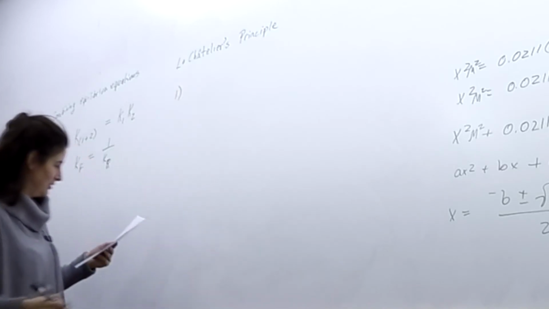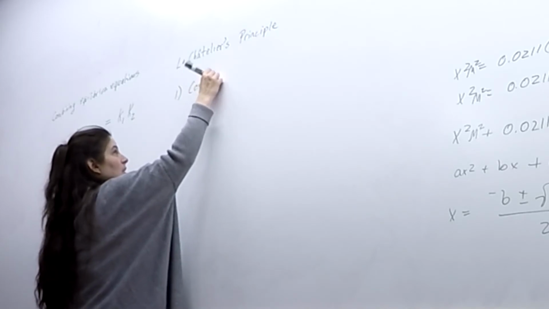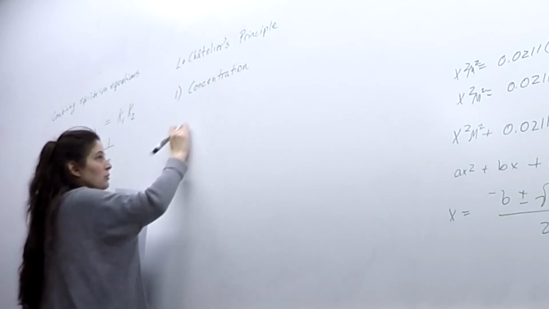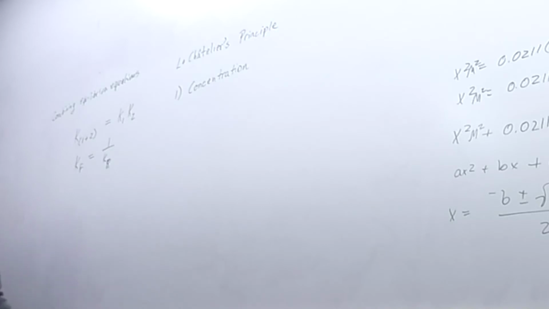So for Le Chatelier's principle, wish I knew French, there are going to be three ways in which we can try to change the yield of our reaction or change the equilibrium of our reaction. Not the constant, that's always the same.